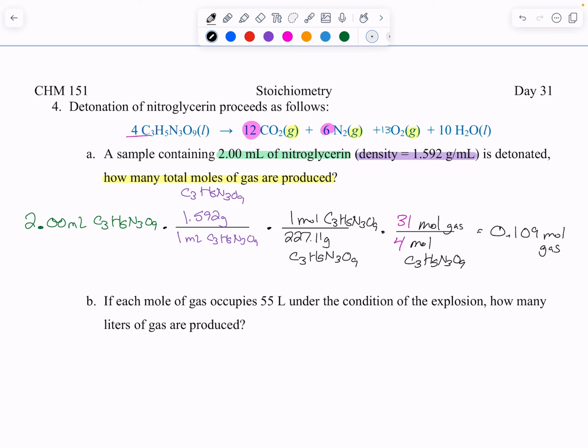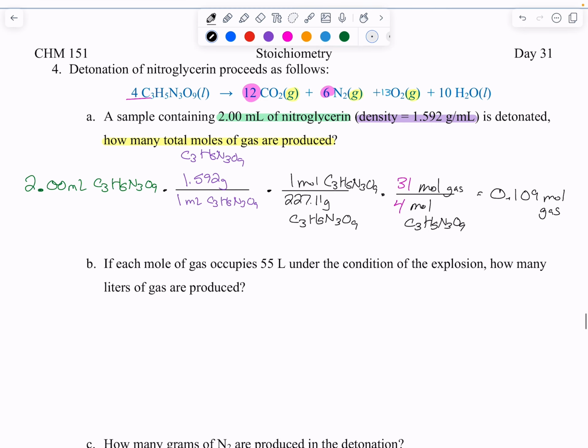All right. If each mole of gas occupies 55 liters, how many liters of gas are produced? Well, I have 0.109 moles of gas, and we know that 1 mole of gas is 55 liters.